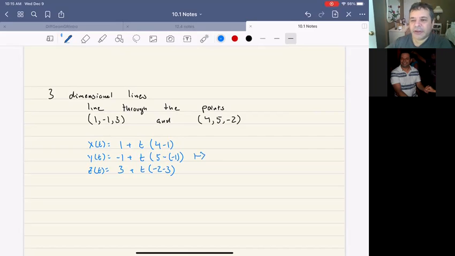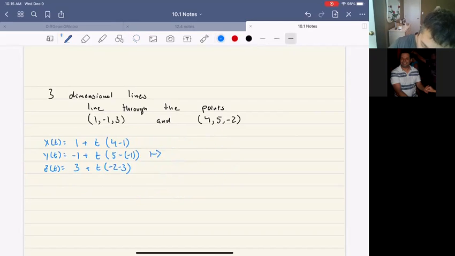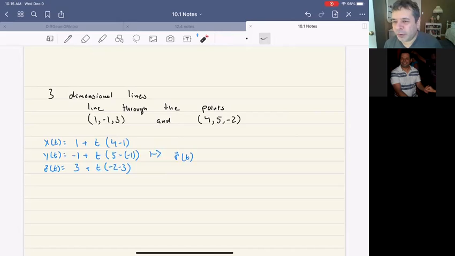So the way I'm going to write this often is, my r of t. I'm going to use this vector notation here, r of t, and the difference between a vector and a point is very subtle. I'm not going to really get into it yet, but right now just go with me here.